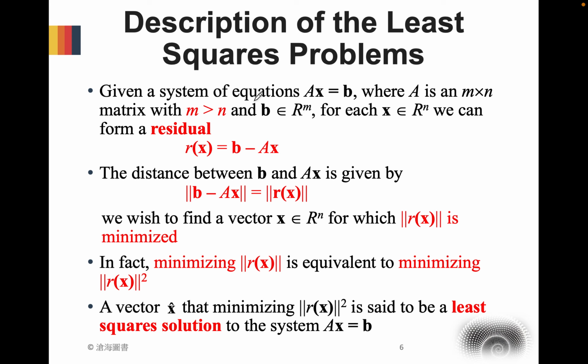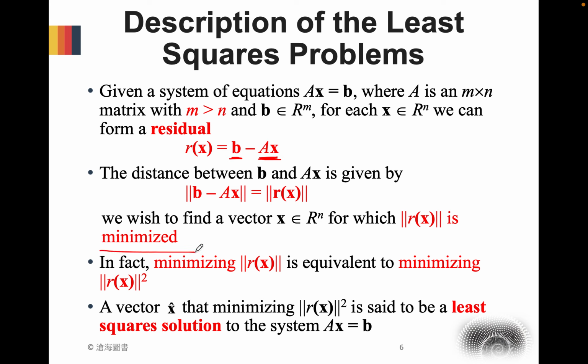So in an overdetermined system Ax equals b, we would like to find the least squares solution. And the error between the original b and Ax hat is called the residual. We want to make this residual as small as possible.